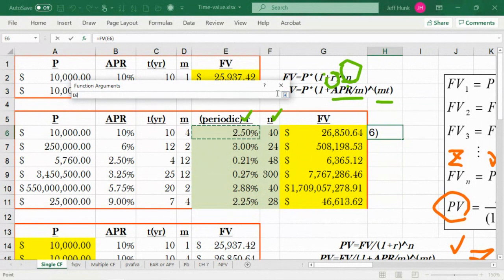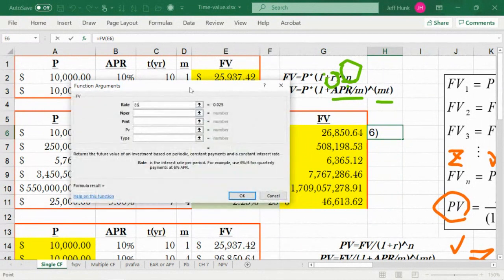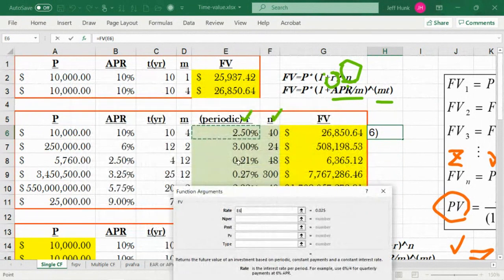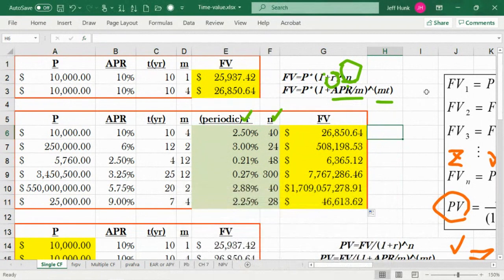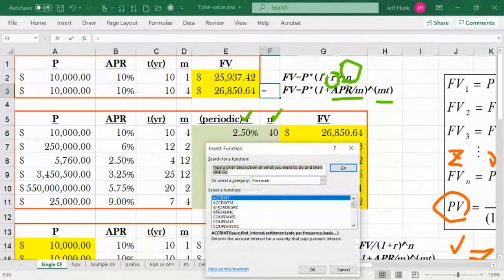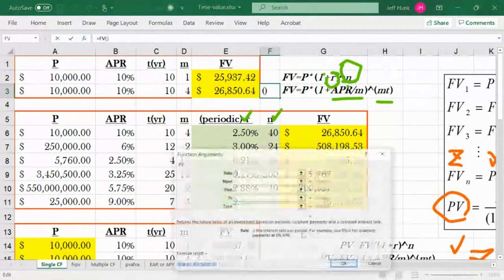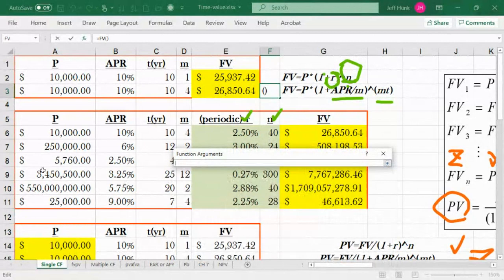Suppose you are doing it here and using Excel's built-in function. Rate, what are you going to put in? Are you going to put in 10%?